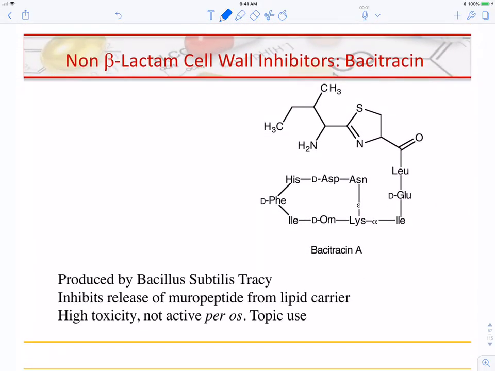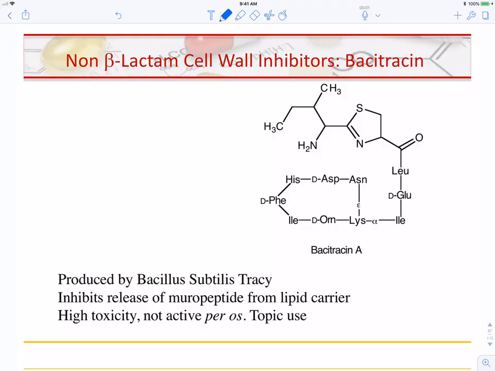Okay, the next antibiotic we'll cover is bacitracin, which is also a very complex polypeptide antibiotic, and is produced by Bacillus species, and specifically by Bacillus subtilis Tracy in this case. What it does is that it inhibits the release of the muropeptide from the lipid carrier, and so the peptide which is attached with muramic acid, basically.